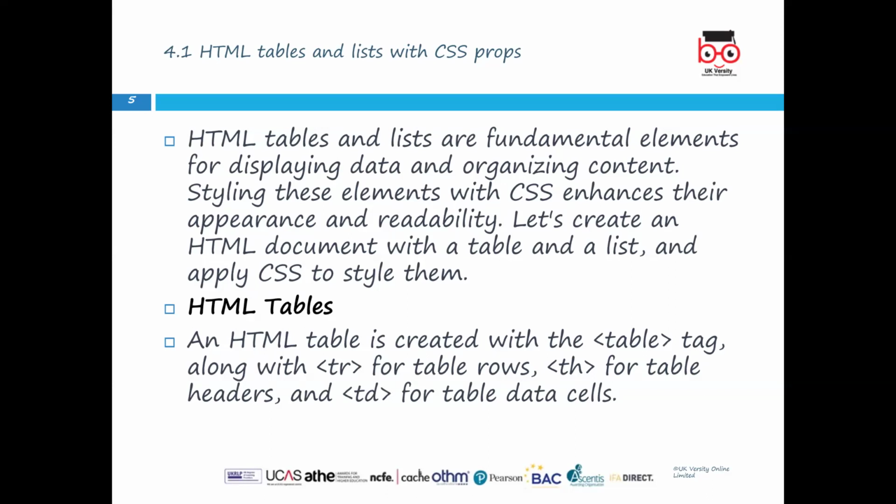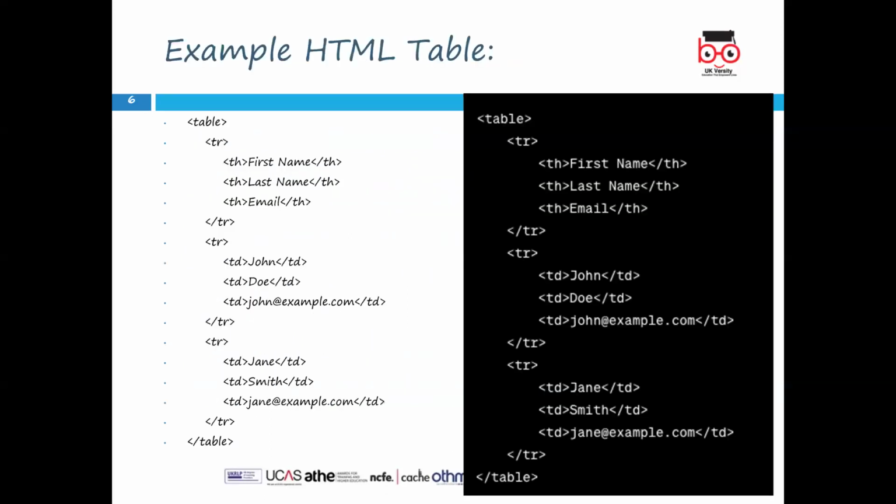When it comes to creating rows, we'll have opening tag, tr, closing tag, and when it comes to table headers, we'll use th, for example. So here we have an example of how the code would have to look like in our HTML file, and this is an example of it.